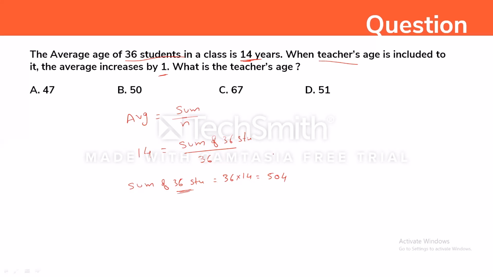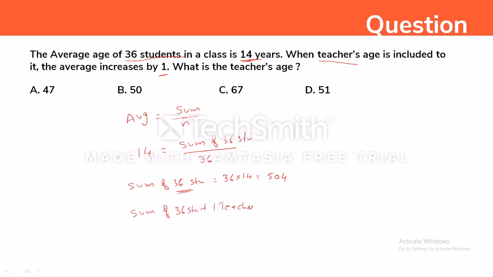Now when we look at the second condition, teacher's age is included. Included means adding. Here, 36 students plus one teacher. Applying the same approach, what will be the sum of 36 students plus one teacher?